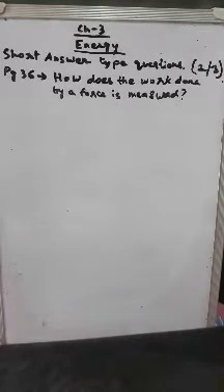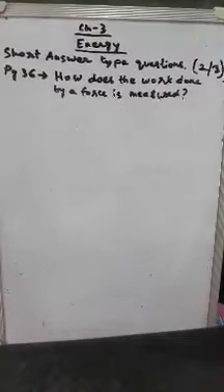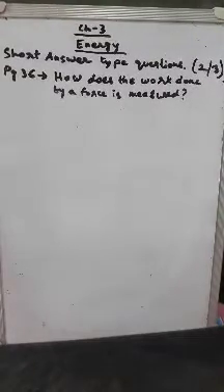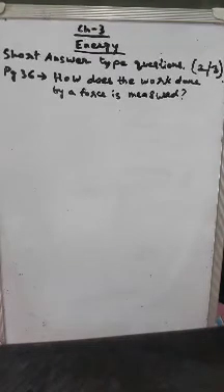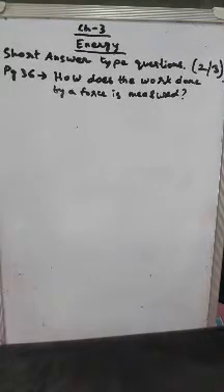You can write the answer as: the work done by a force is measured as the product of the force and the distance moved by the body in the direction of the force. Repeating once again, but it will also be there in your PDF.